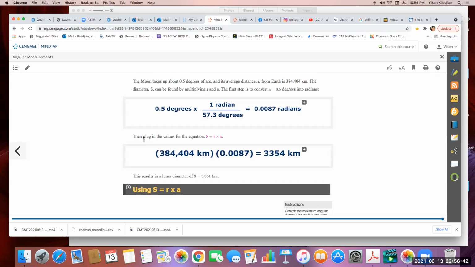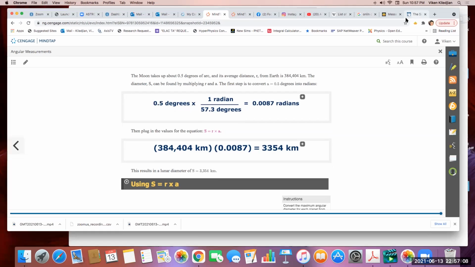Then plug in the value for the equation S is R times A. So you take the distance to the moon, and then you multiply that by the angle as measured in radians, and that gives you the diameter of the moon. Let's see how accurate that is. What is the diameter of the moon?